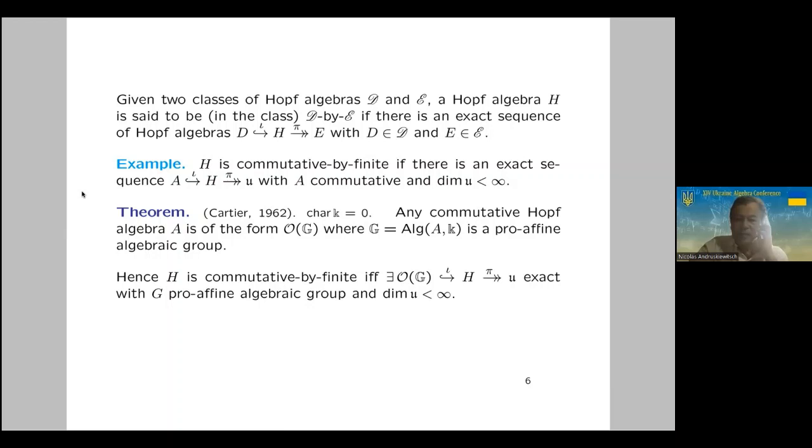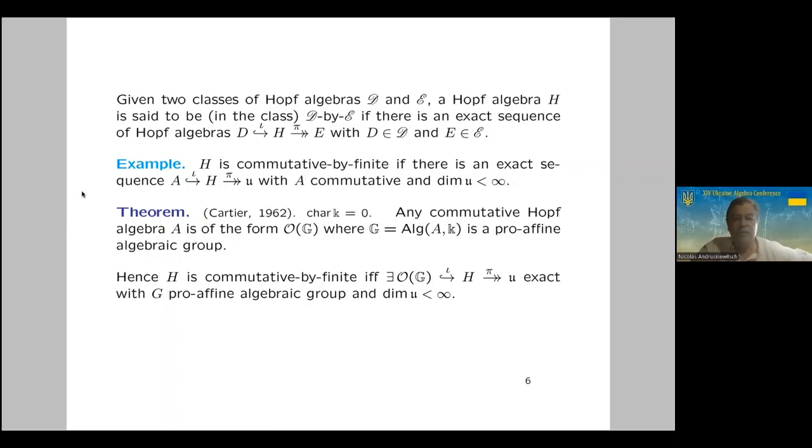And Cartier proved, since we are assuming characteristic 0, in '62, that any commutative Hopf algebra is of the form O of G, the algebra of regular functions on G, where G is the group of characters of A, and this has a structure of a pro-affine algebraic group.